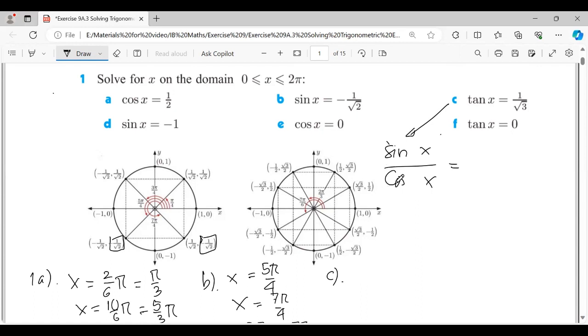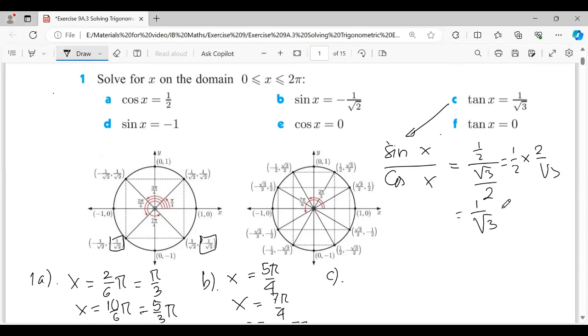Look at this coordinate point: half over square root 3 over 2. It becomes half times 2 over square root 3, which becomes 1 over square root 3.